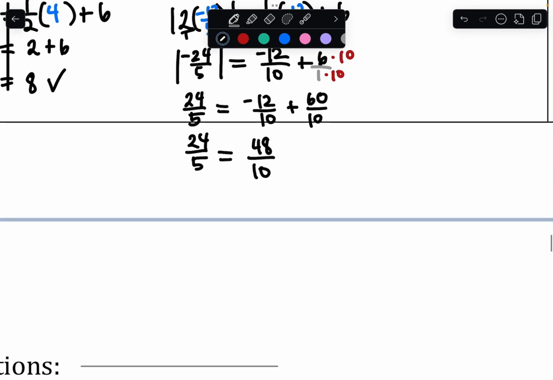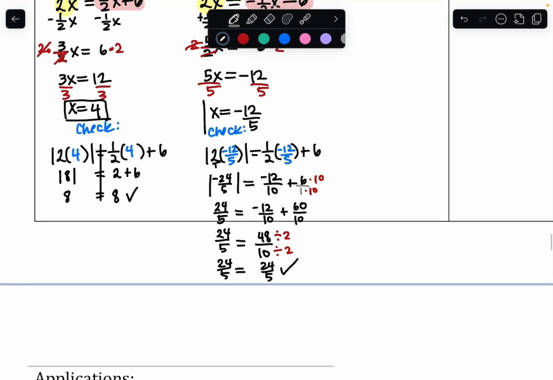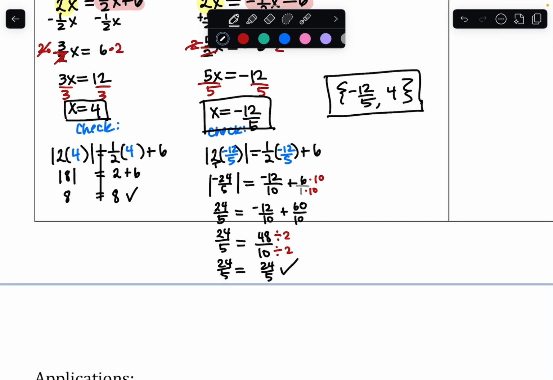And then when I simplify this fraction, I can divide top and bottom by 2, which would give me the 24/5. And so this one does work. And so our solution set is -12/5 and 4. Neither are extraneous.